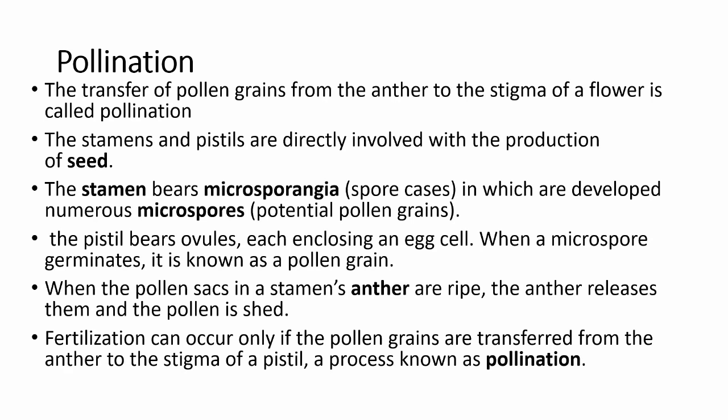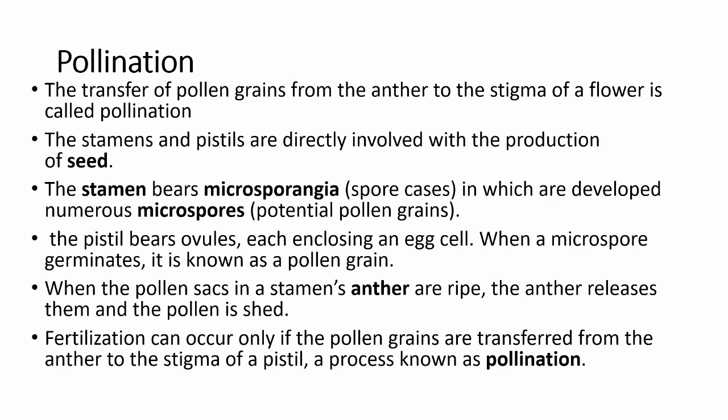The stamen bears a structure which we call the microsporangia, which are spore cases in which are developed numerous microspores, which we refer to as potential pollen grains. Then the pistil bears the ovules, which enclose the egg cells.